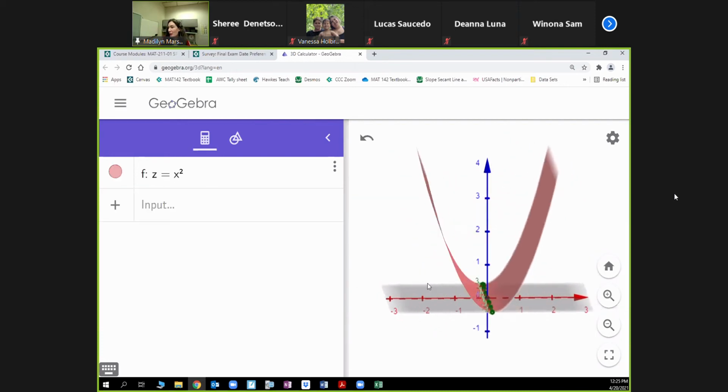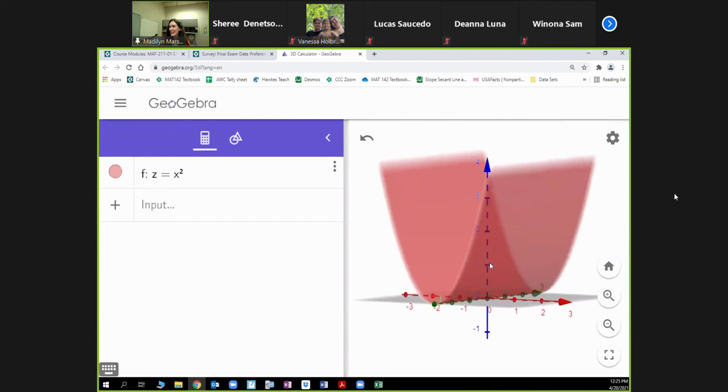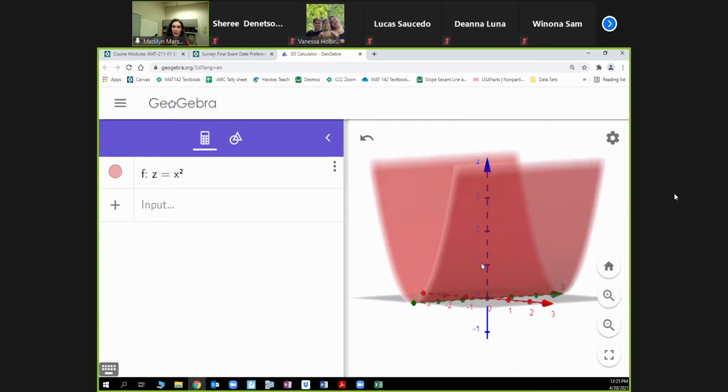So if I am able to move this so that basically right now the y-axis would be coming straight out from the screen. So the Z is still going straight up and down. This X is going side to side. So now this looks like a parabola if we're just looking at it straight on like a tunnel with an open top. But as soon as we sort of drag it to the side, we can see that it's actually a surface.